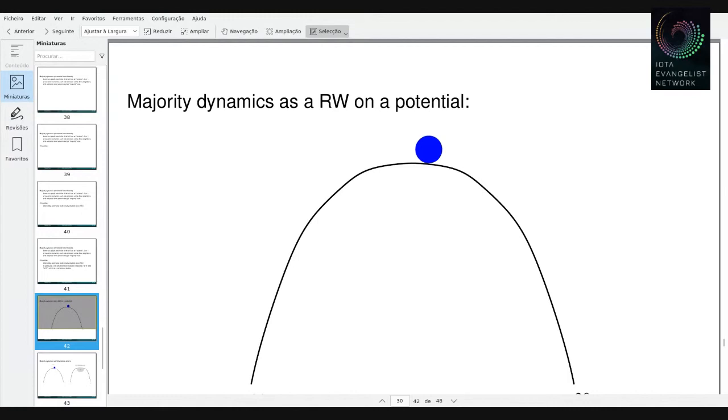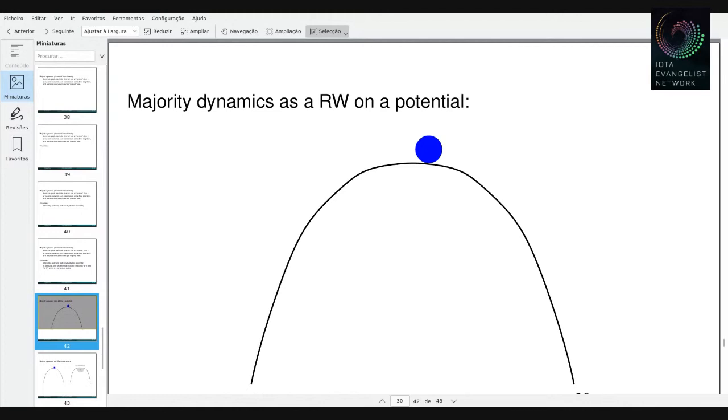And also the height of this mountain is actually infinite. So if this walker comes down to the end, it can never go up again. This reflects the fact that you can never go out of a consensus state for this sort of model.